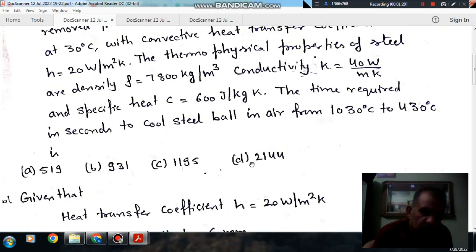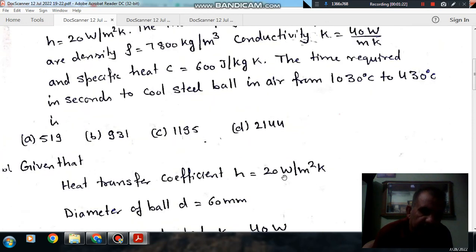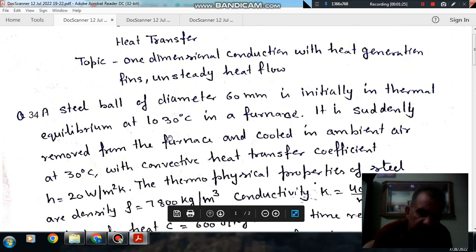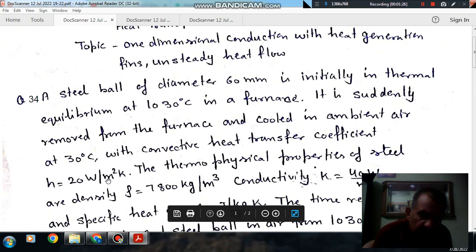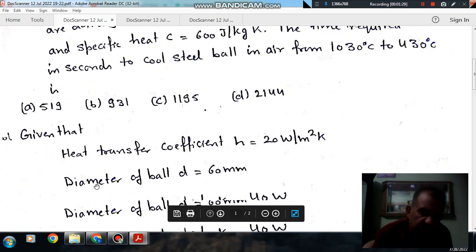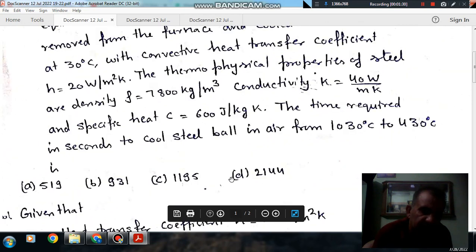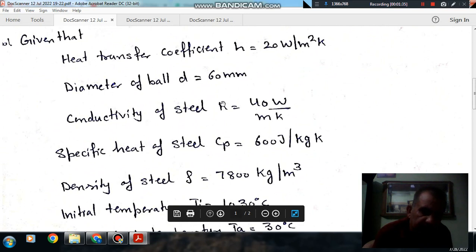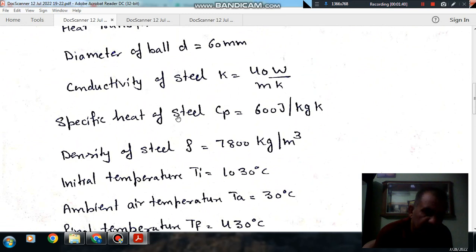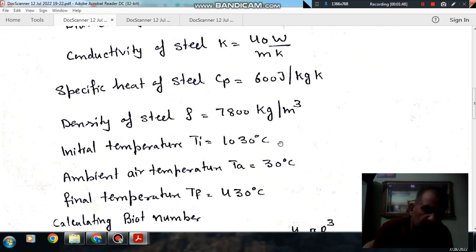Okay, so here it is given that the heat transfer coefficient of the medium is 20 watt per meter square per degree, and the diameter of the ball is 60 mm. The conductivity of the steel ball is 40 watt per meter per degree, the specific heat of steel Cp is equal to 600 joule per kilogram per degree, and density is 7800 kilogram per meter cube.